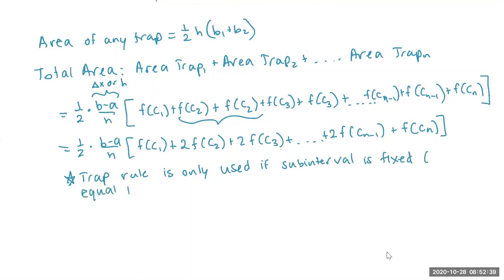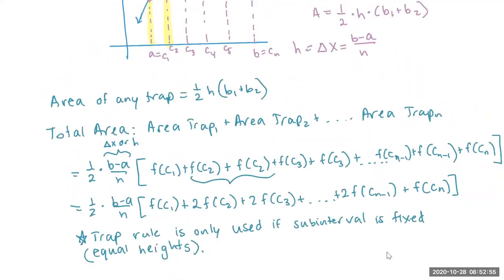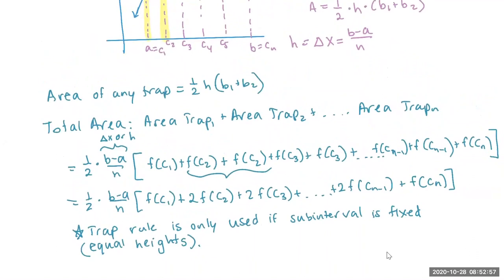So if you had equal heights, and if each one of the trapezoids has equal heights, again, if I had drawn this to scale, that would mean this would be the same as this, would be the same as this. So we can use this rule so long as that is true.